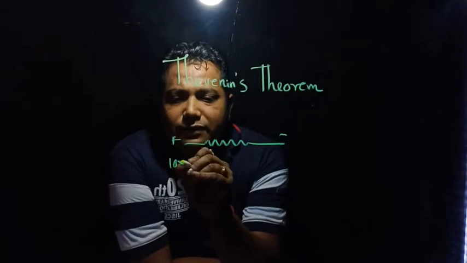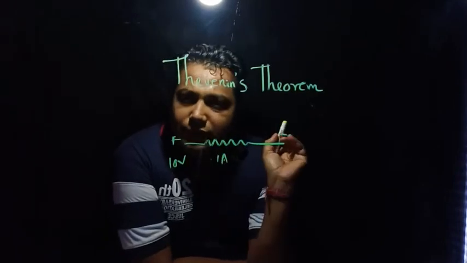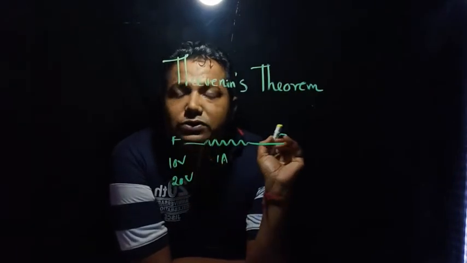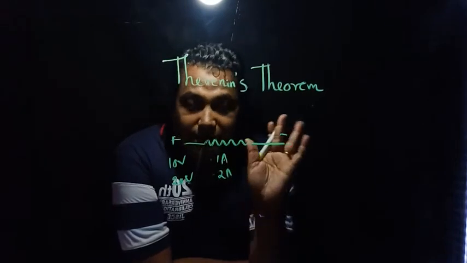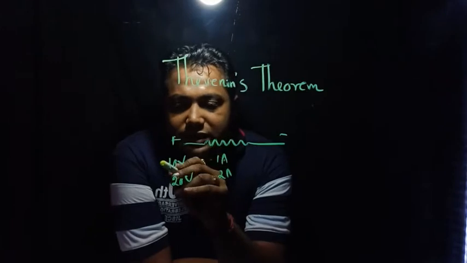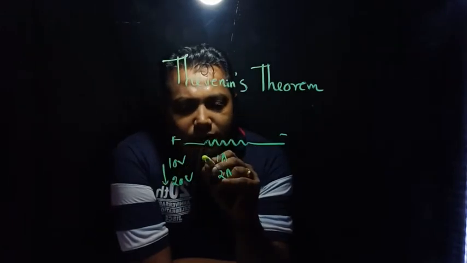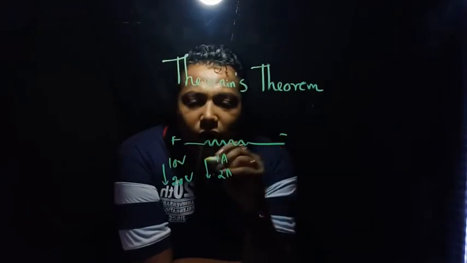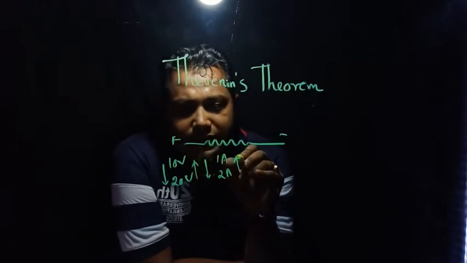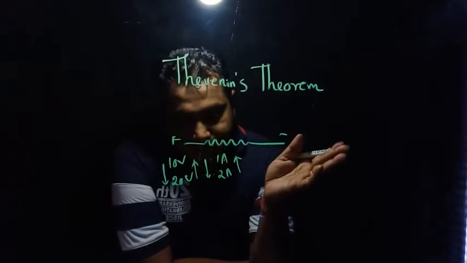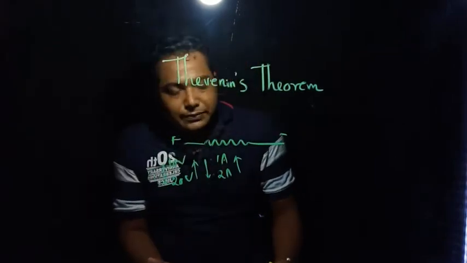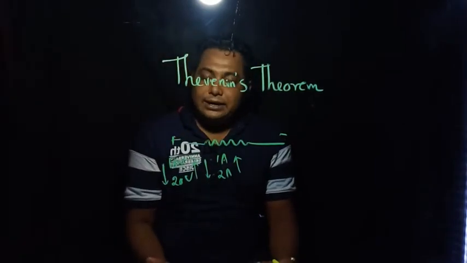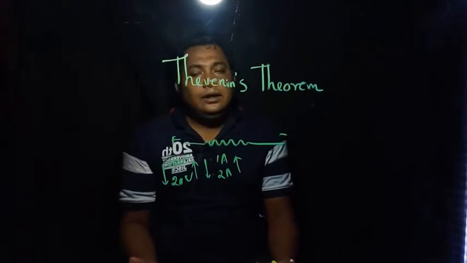If we give a 10 volt supply, say 0.1 ampere current is flowing. Now if we increase the voltage value, the current value is going to increase. If with increasing voltage the current is increasing, or with decreasing voltage the current is decreasing, then it is a linear property. Such an element is known as a linear element, and a circuit which contains this kind of element is known as a linear circuit.